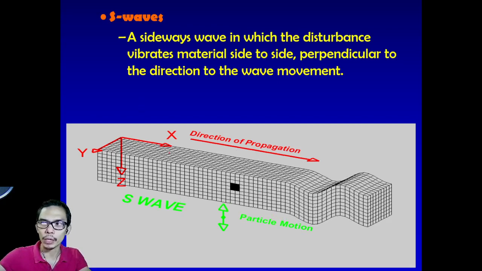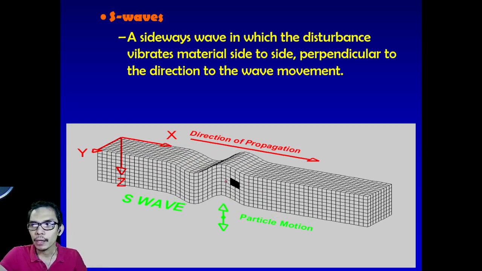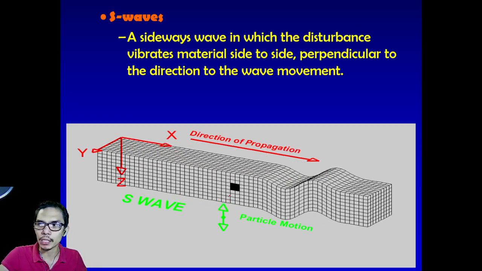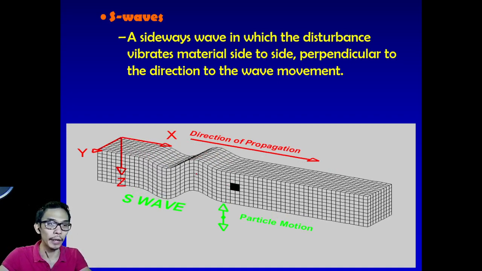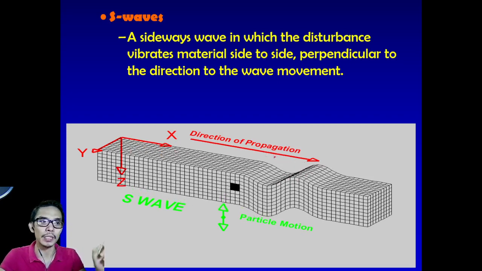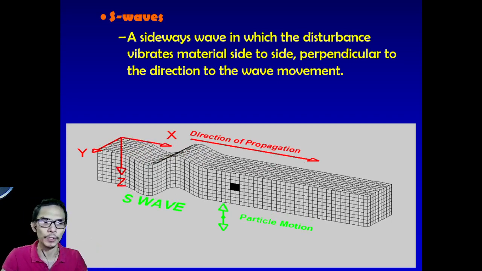As you can see here, the material is moved up and down in an S wave, and the movement is up and down vertically, while the direction of motion is horizontal. So these are perpendicular to each other, and that is the characteristic of an S wave. That is why it is called a transverse wave.